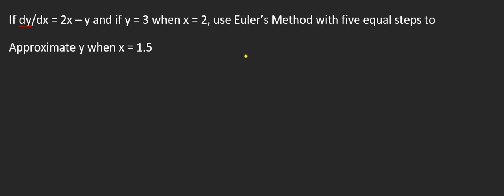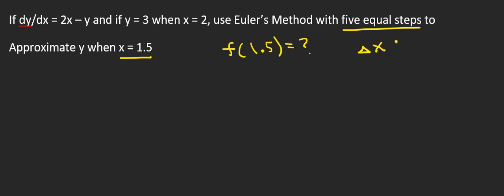On this example, they don't give us what delta x is. But it does say to use 5 equal steps to approximate y when x equals 1.5. So basically, we've got to approximate f of 1.5. But what is our delta x?